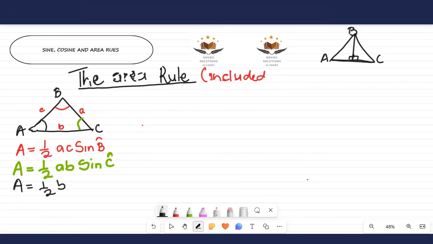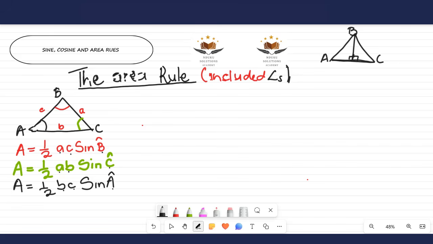Then we'll use BC, and its included angle will be A. So the area rule is as simple as ABC, because every time when you have A as a side and C as a side, B must be the angle. ABC, ABC.